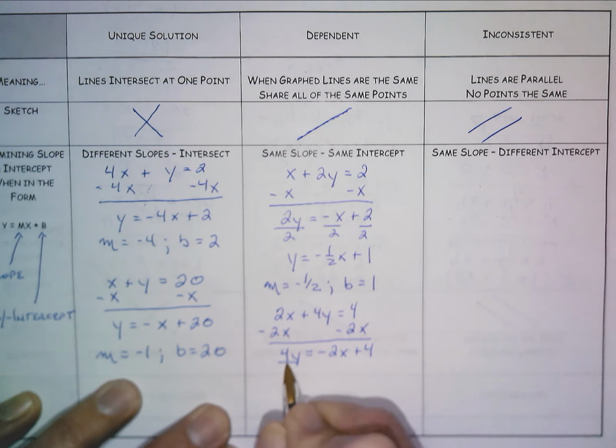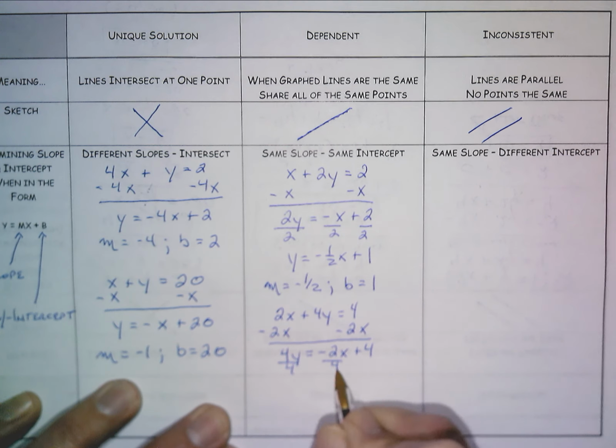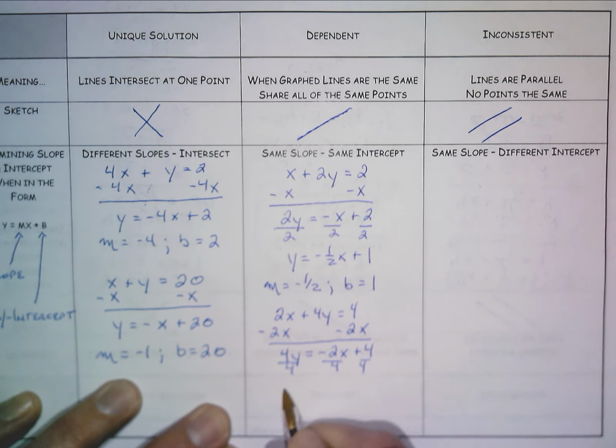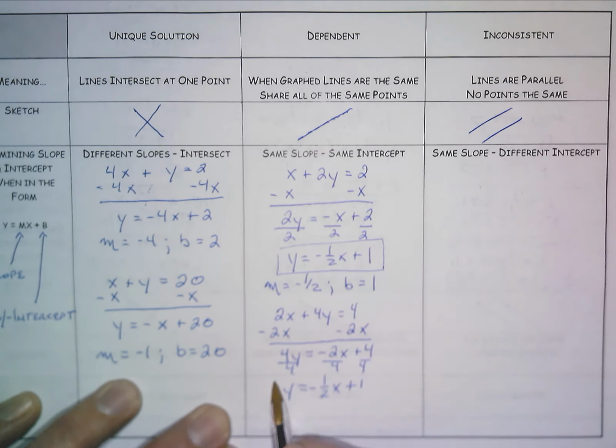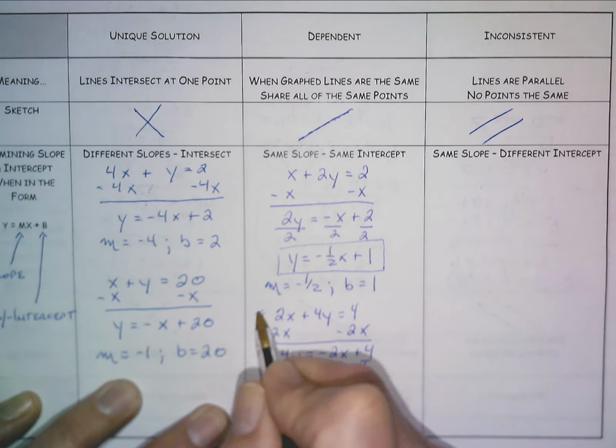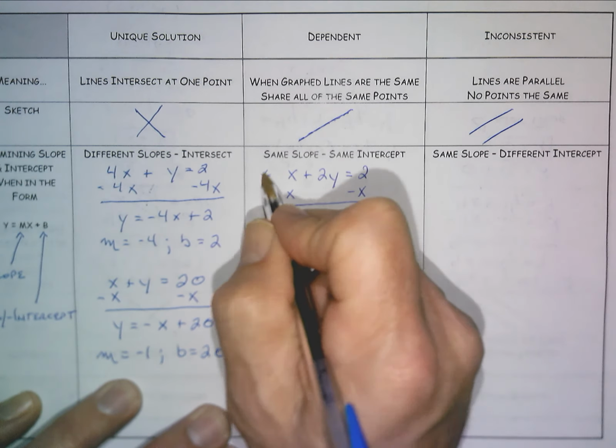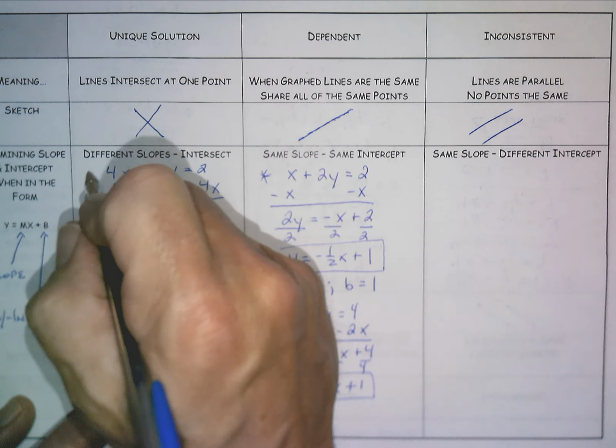And when I'm done dividing by 4, you'll notice I get y equals negative 2 over 4, which is negative 1/2 x plus 1. I got exactly the same equations when I put each one of the equations I was given into slope-intercept form.